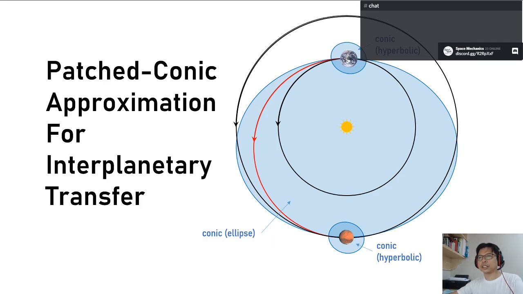Let's say you are launching a rocket, a guided missile, an interplanetary missile. You can launch it from Earth and make sure that it hits the planet when it arrives here.